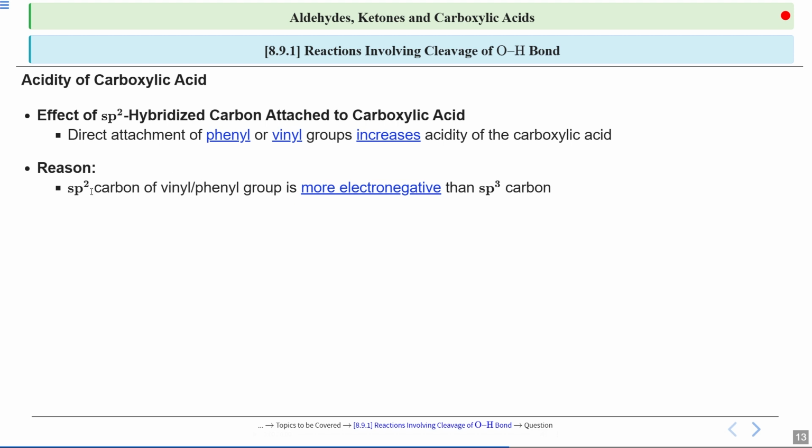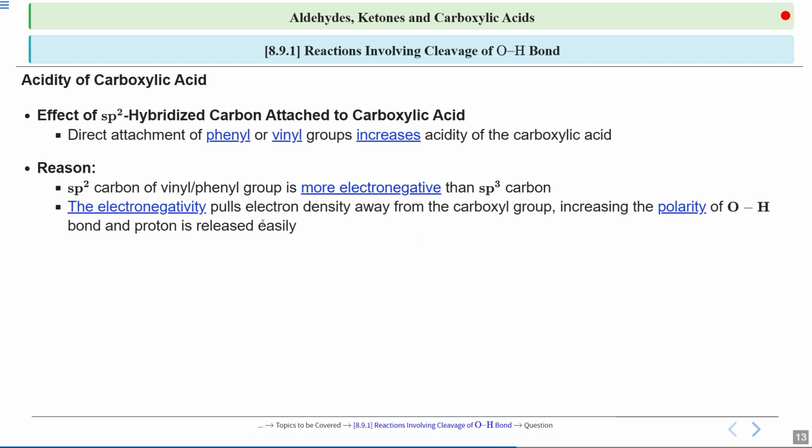We know that sp2 carbon is more electronegative as compared to sp3 carbon. Because it is more electronegative, it pulls the electron density away from the carboxyl group. If it is pulling the electron density, it will increase the polarity of the OH bond.